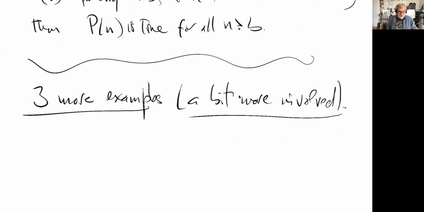I forgot to say that chapter 5 deals with induction. In 5.2 and 5.3, we're going to see variants of the principle of induction. In 5.2, it's called strong induction, which is a really bad name because it's actually not stronger than induction. It's perfectly equivalent.